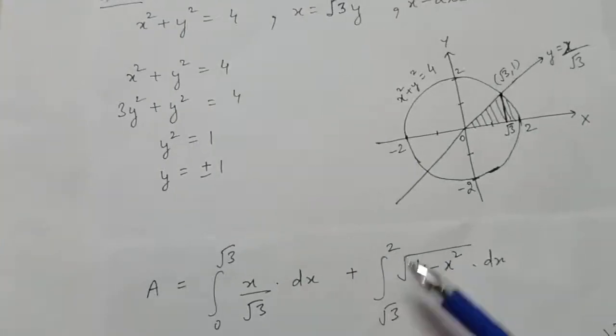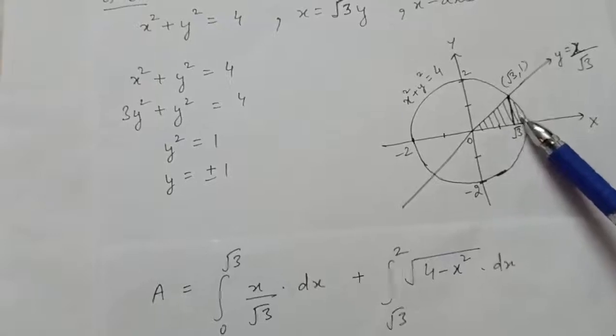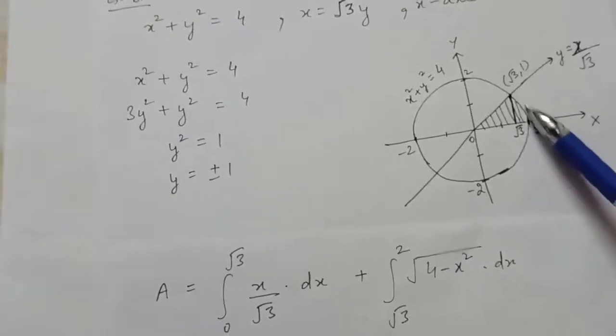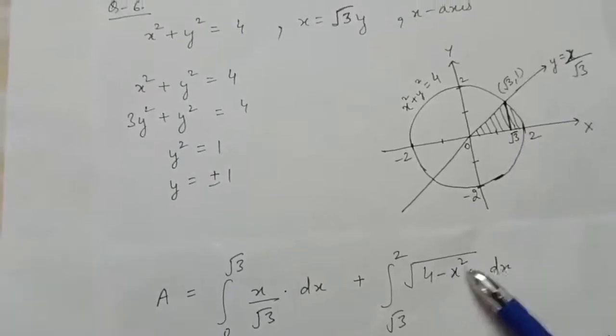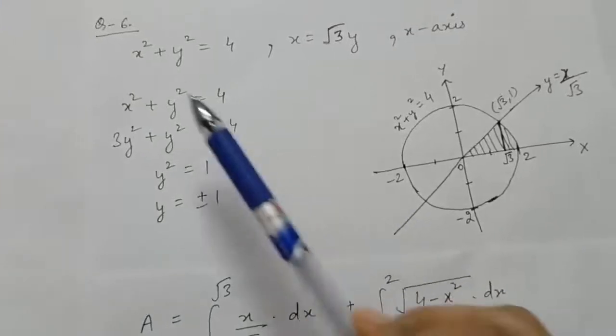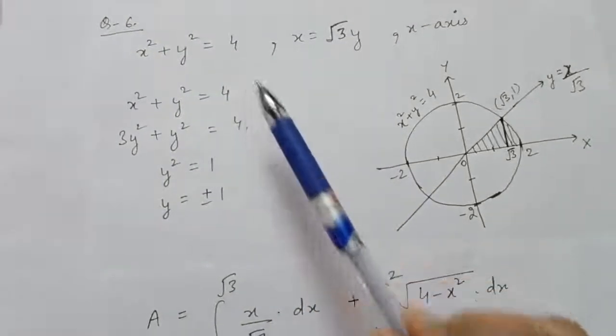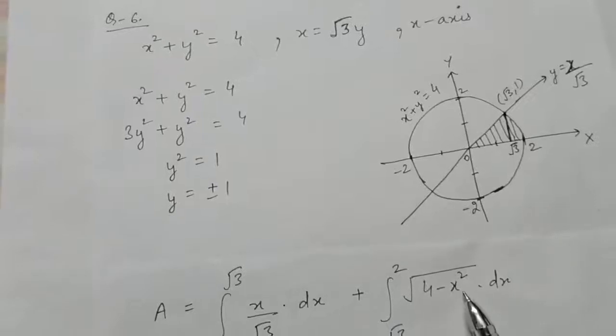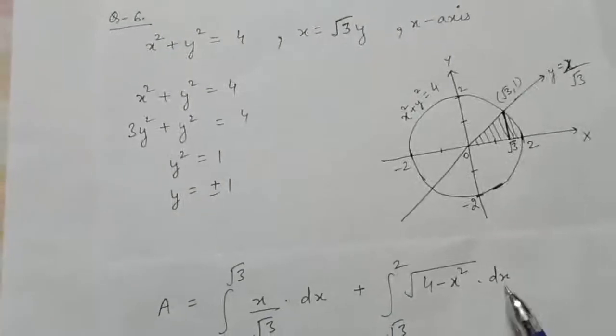Plus from root 3 to 2, the area lies below the circle. So find the equation of the circle in terms of x. So from here y will be equal to root 4 minus x square, right, into dx.